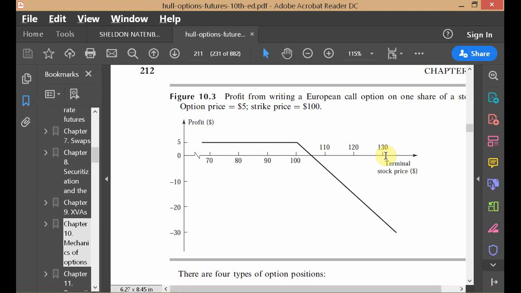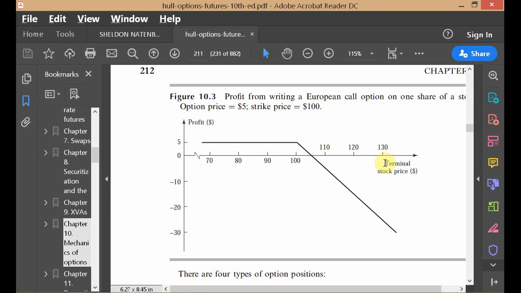Remember, you have to calculate all your P&L assuming that you have squared all your positions. If you have to sell the underlying asset at 100, you need to buy it first. What is the market price? 130. So you have to buy the underlying asset at 130 and sell it to him at 100. So you're losing $30. Is this clear?